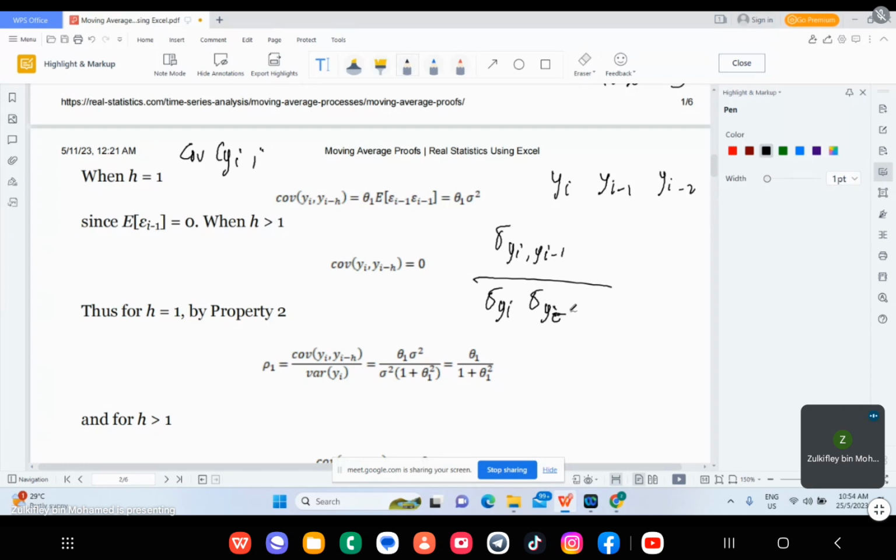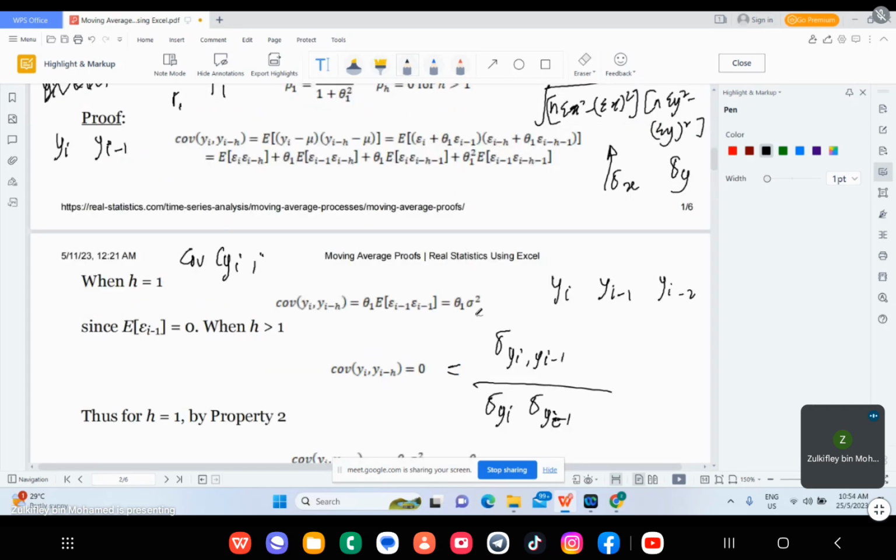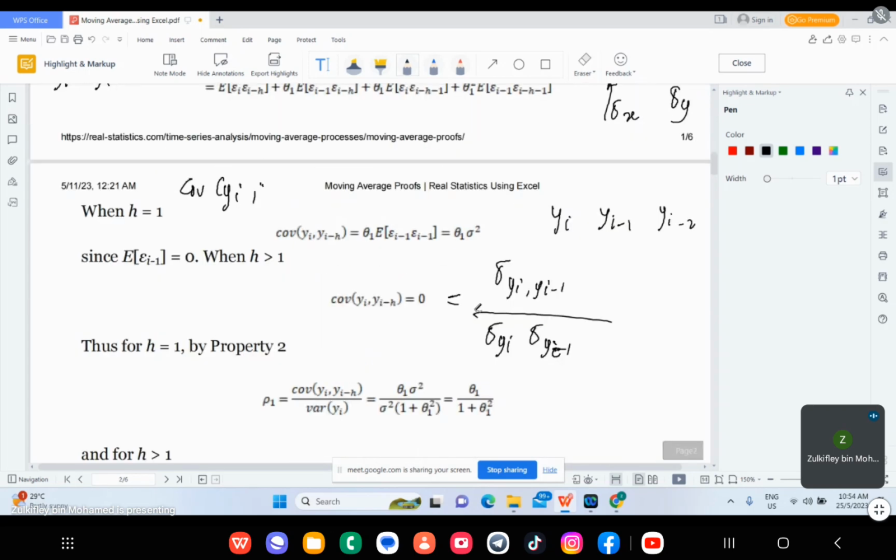This is what I call the autocorrelation function, or rho 1. This is rho 1. We want to find this part and this part.